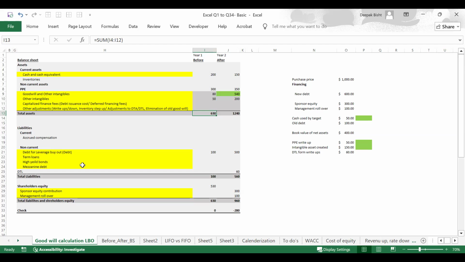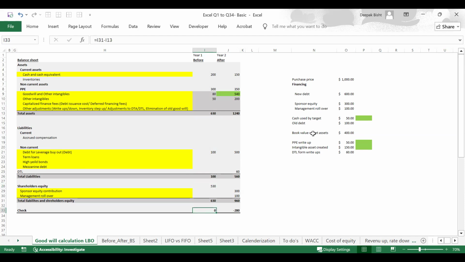If we look at the previous balance sheet, there was $100 of old debt, total liabilities were $100, and the shareholders' equity was previously $530. So this gives us $630 of total liabilities and shareholders' equity, and our balance sheet matches.